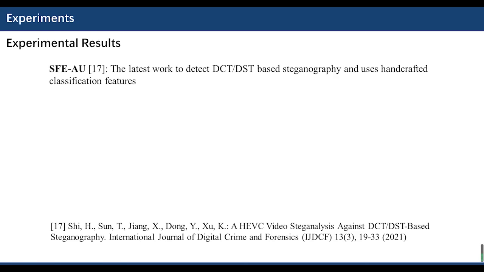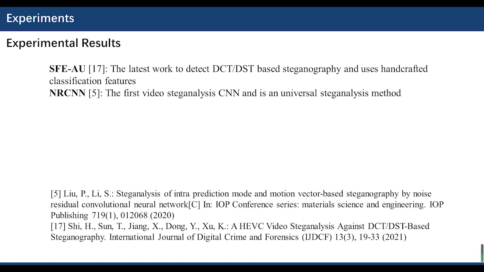We also compared our Steganalysis model with two other Steganalysis methods. The first one is called SFE-AU. It is the latest work to detect DCT/DST-based steganography, and it uses handcrafted classification features. The other one is called NRCNN. It is the first CNN-based video steganalysis method, and it is also a universal steganalysis method.